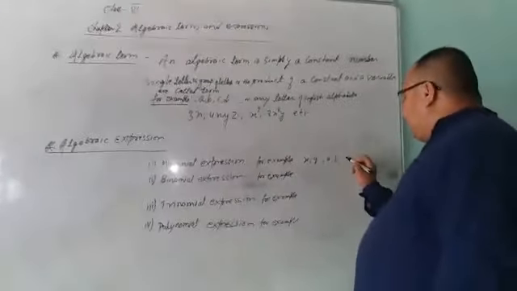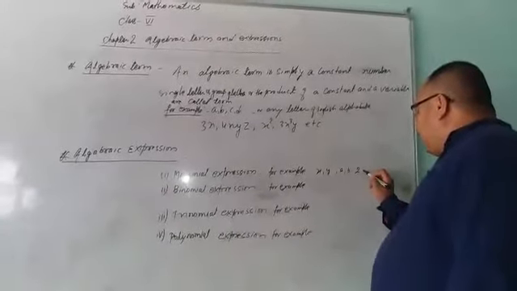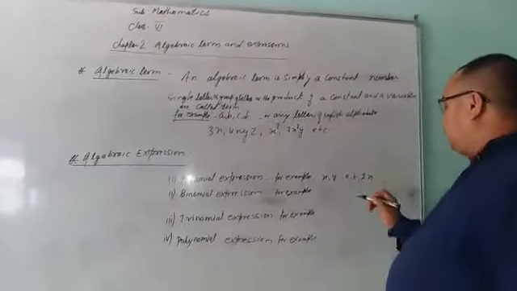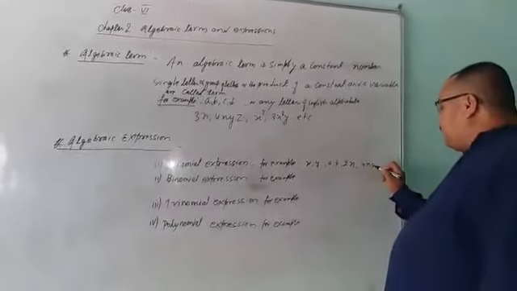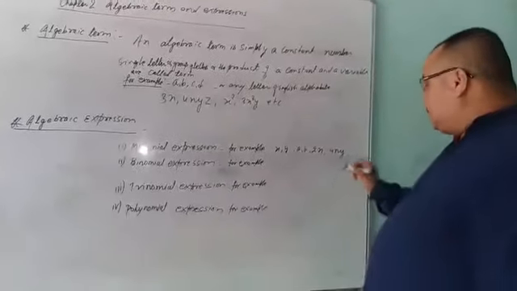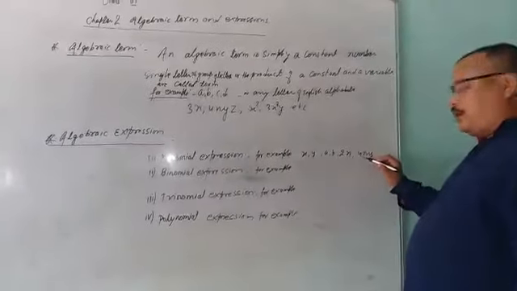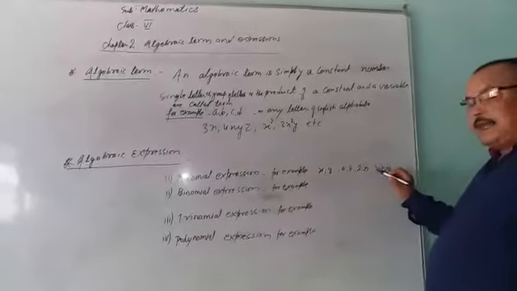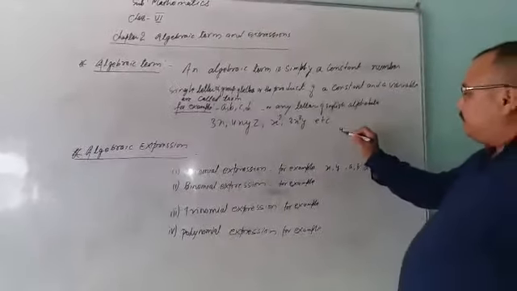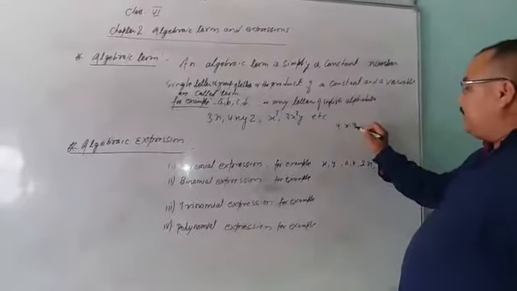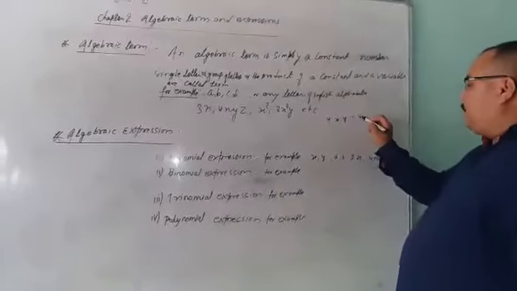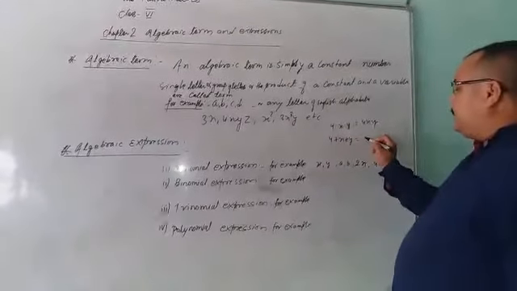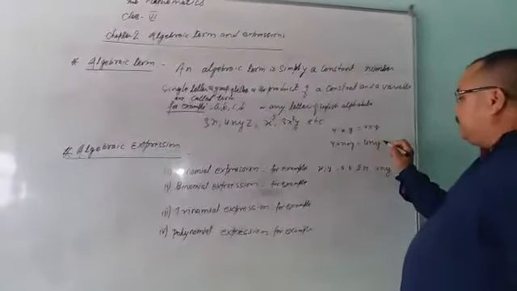Another example, 2x is a single term. 4xyz is a single term. It is not separated by a plus or minus sign. It is connected with the multiplication sign. 4xy means 4 into x into y combined together. It's not like 4 plus x plus y.